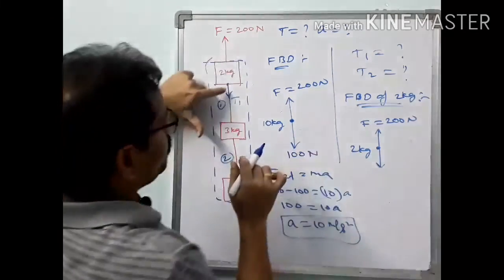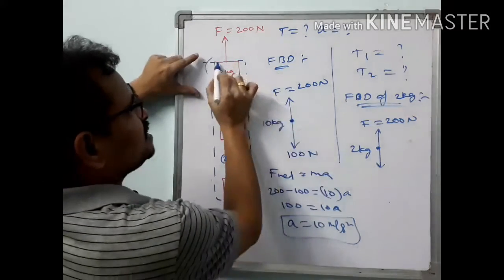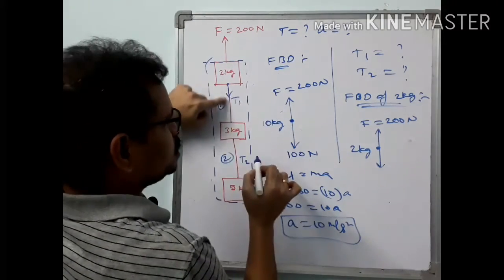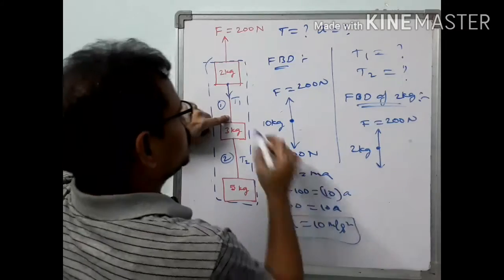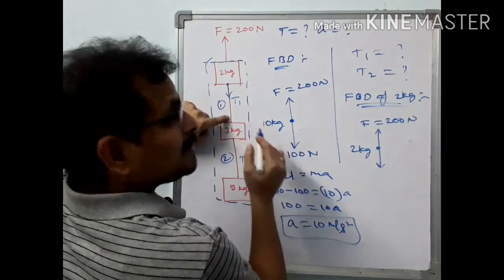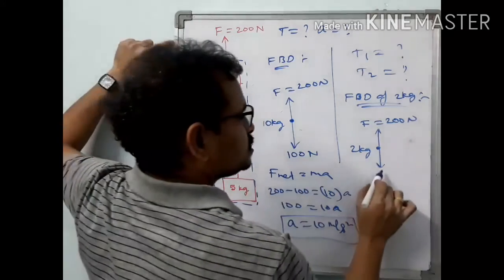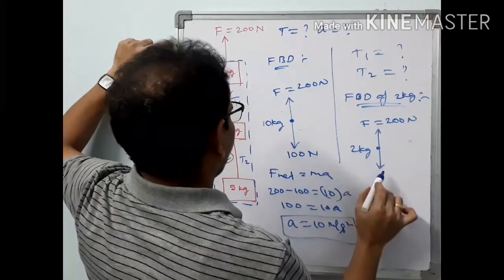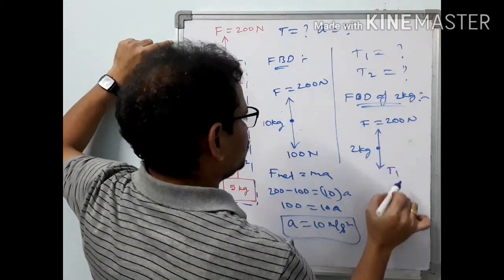Our system is only this block, so now this rope is an external object. So the tension T1 is applied on this system by an external object. Therefore we have to take this one as T1.